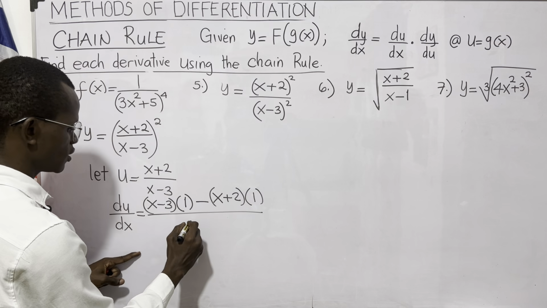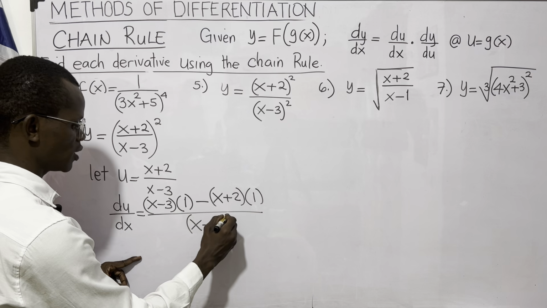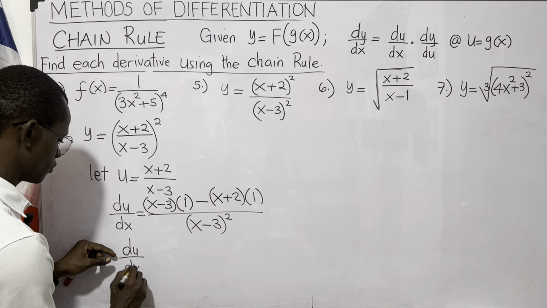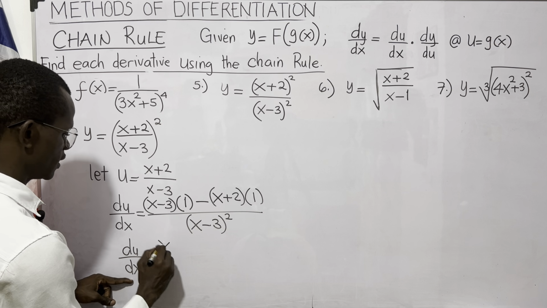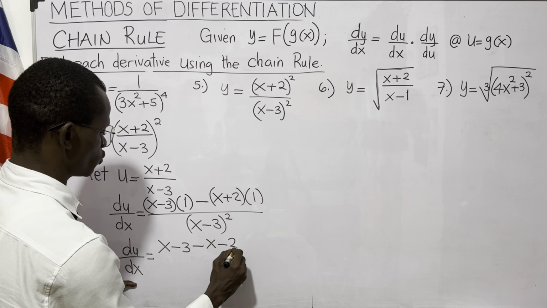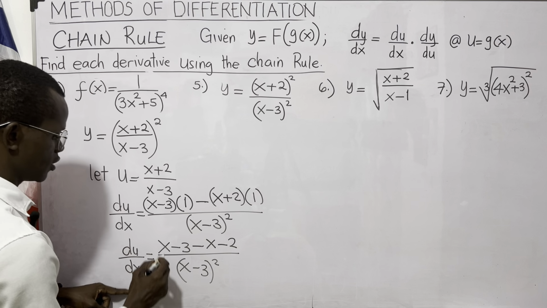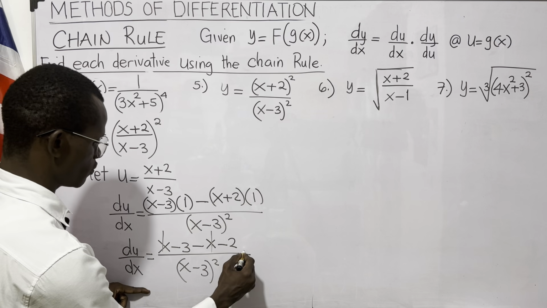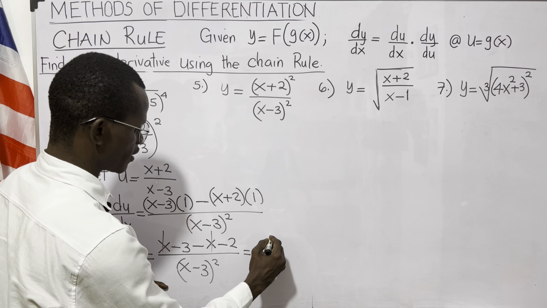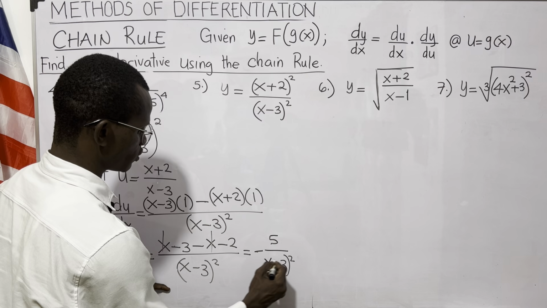Then the rule says we must square the denominator, that is x minus 3 all squared. So du by dx is equal to, now this x minus 3, and this negative x, and negative 2. So it's x minus 3 all squared. So this x cancels this x, we're left with minus 3 and minus 2 is minus 5 all over x minus 3 raised to the second power.